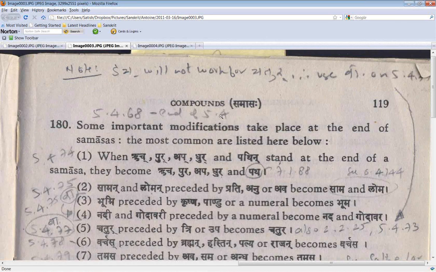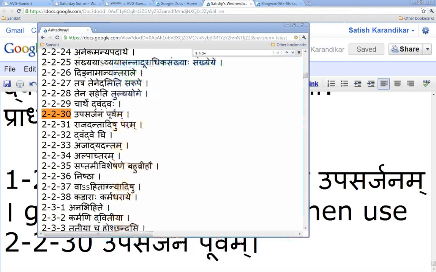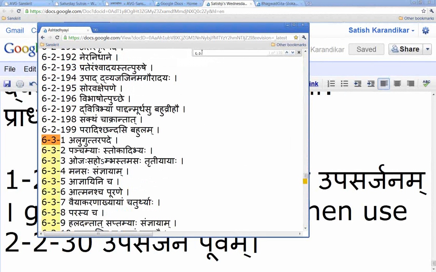The 6.3, we already talked about today, is that Uttarapade. It is when the Uttarapada follows, then what is the karyam to be done for the Purapadam? So Purapadasya karyam nirdishyate shashthasya tritiye. In the third pada of the sixth chapter, we are talking about the Purapadasya karyam.